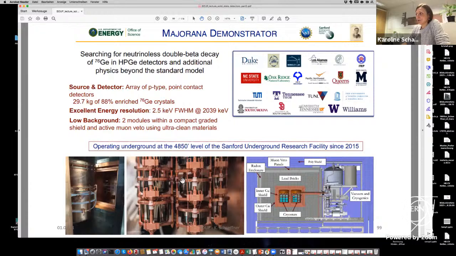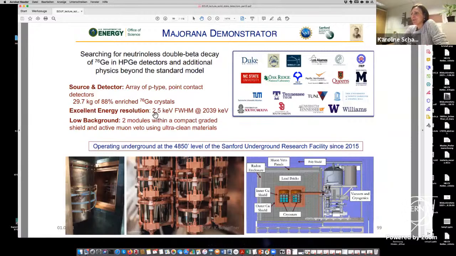And there is a counterpart to this GERDA experiment, which is called the Majorana Demonstrator, which is a US experiment. And they simply do more or less the same thing. Also cryogenic detector, not immersed in liquid argon, but in a cryostat. They have excellent energy resolution.